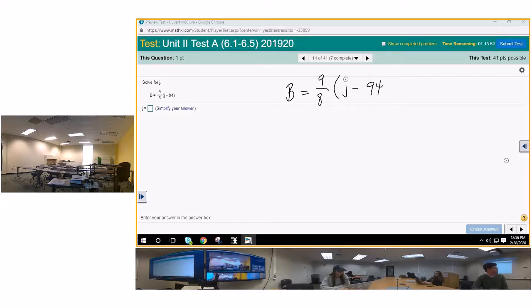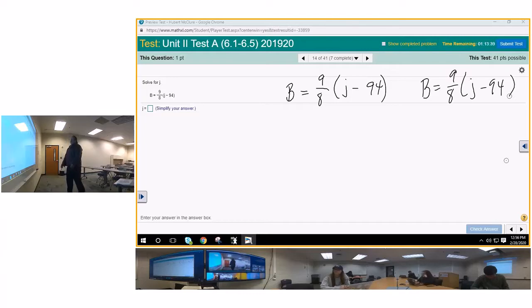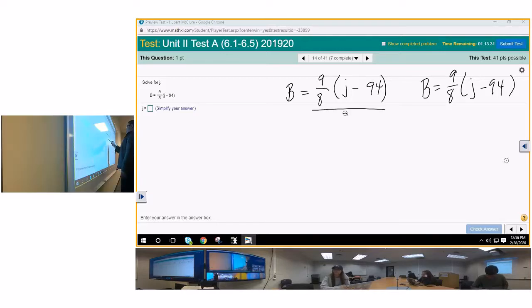Now there's two ways to do this problem. I wish they'd give you multiple choice on this, because there are 2 different answers. First of all, I'm going to divide by 9/8.